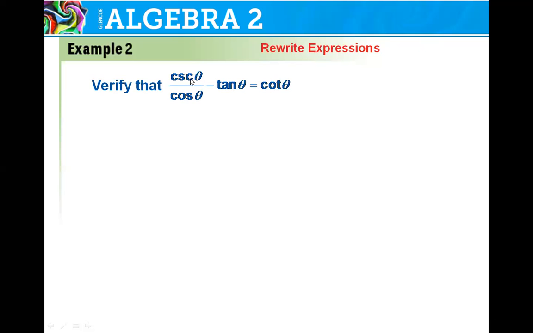Pay attention first. First, I'll start from the left-hand side or the right-hand side? I think the right. The right only we have cotan. So it's very simple. We start always from the complicated one, till we reach this. We need to get this to be cotan theta.